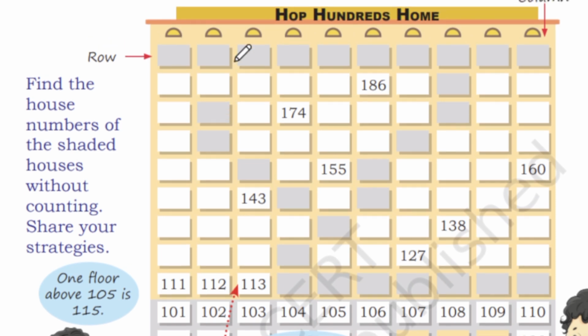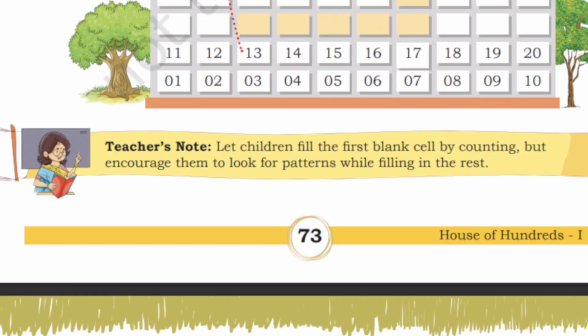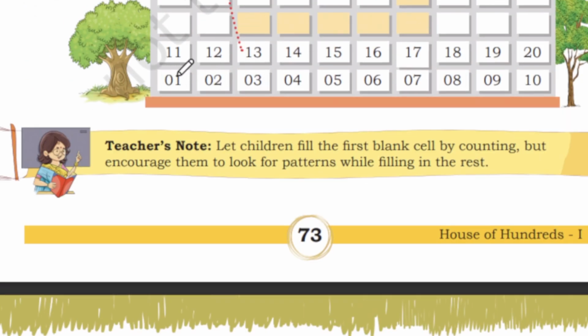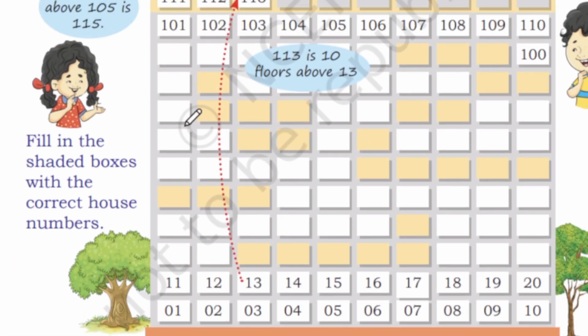So here these are the rows, and one floor above 105 is 115. They have given 1, 2, 3. They start from the first row, 1 to 10, then 11 to 20, and here from 13 they went directly to 113. So 113 is 10 above the 13th floor.